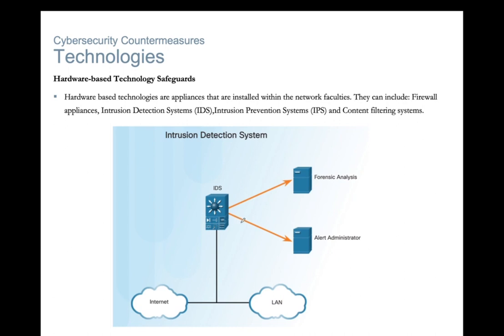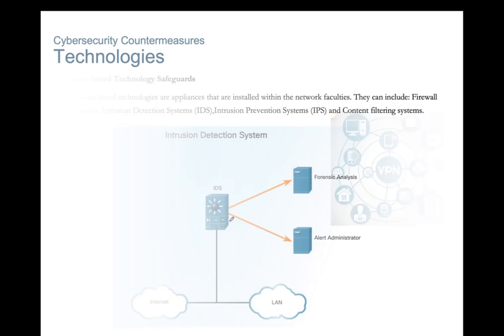Whereas an intrusion prevention system detects signs of attacks or unusual traffic, generates an alert, and takes corrective action. There is also content filtering, which controls access to and transmission of objectionable or offensive content. These are some hardware-based technologies compared to software-based ones.